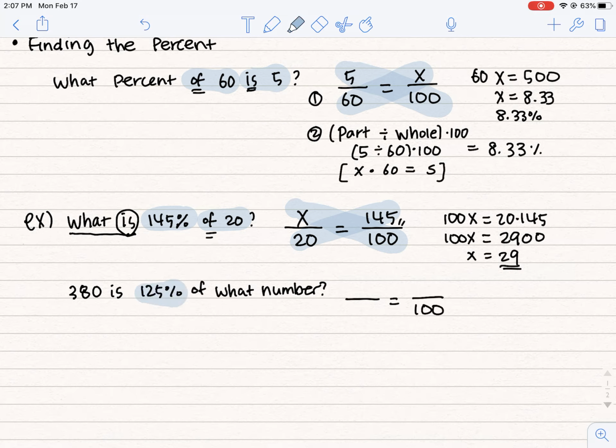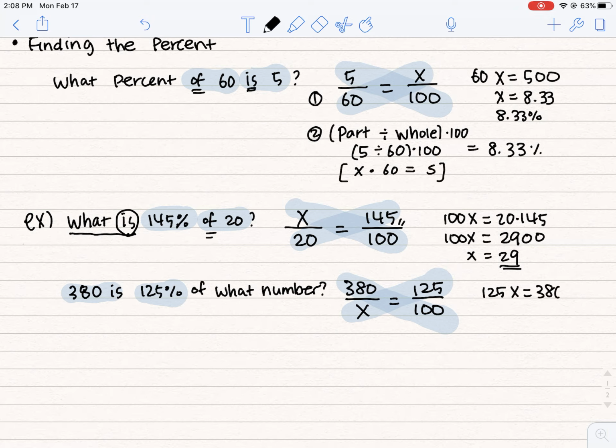I see the percent, so I'm going to do 125. And I see something, something is. When you see something is, that's going to be on the top, and I am missing the bottom number. So cross multiply.